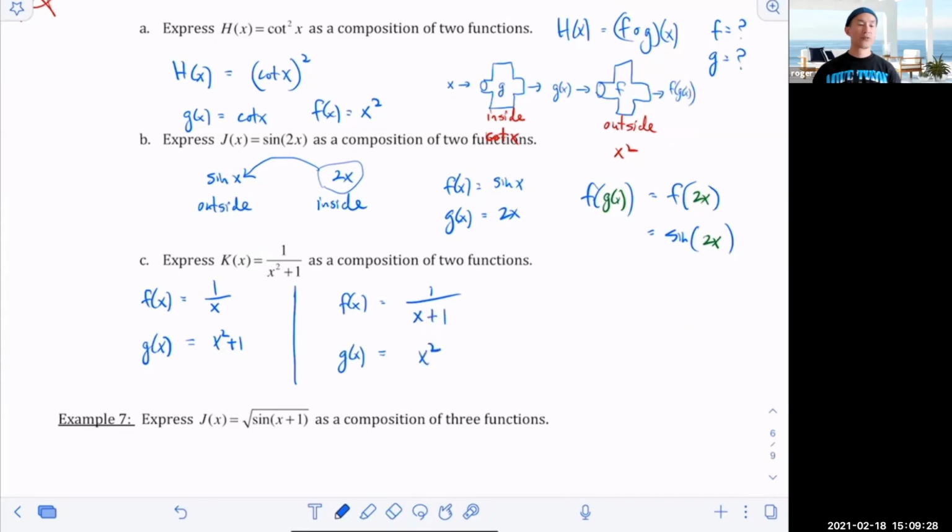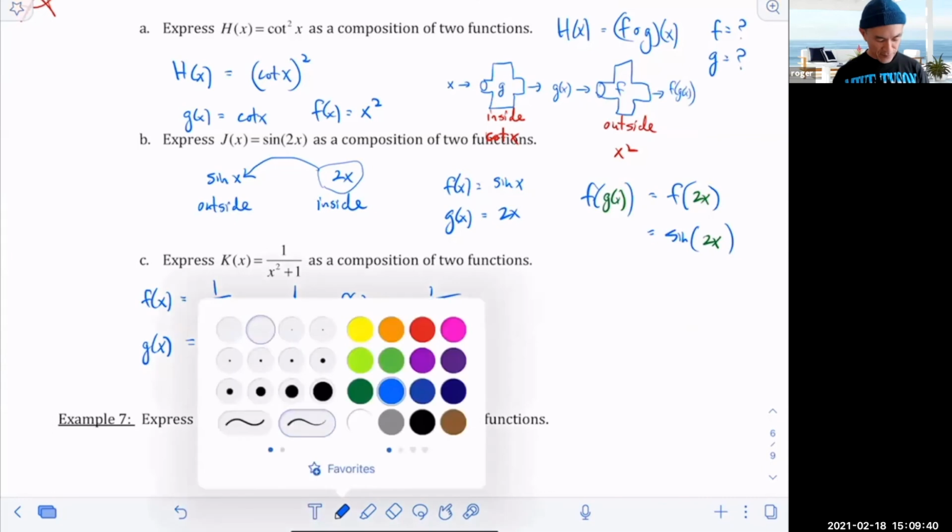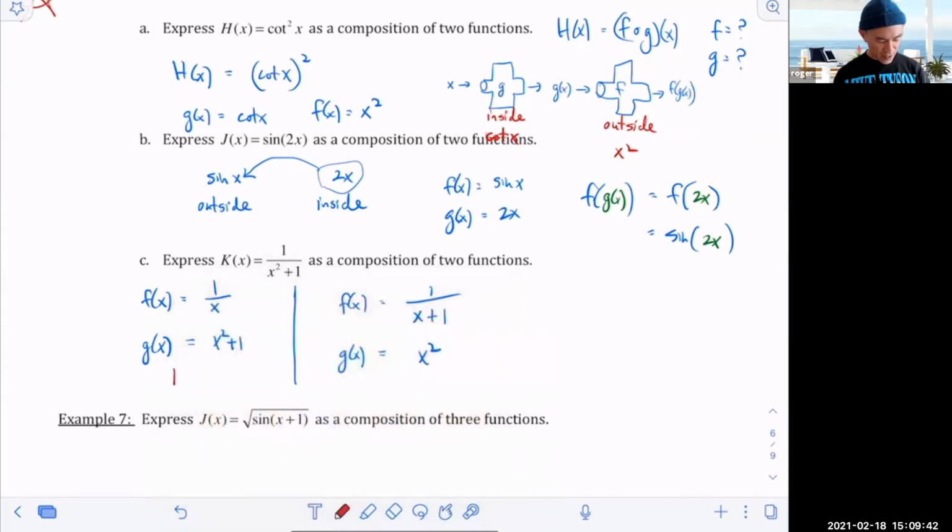This also works. I think both of those work. But one of these is better than the other for the purposes of calculus, and this one is better for calc. All right.